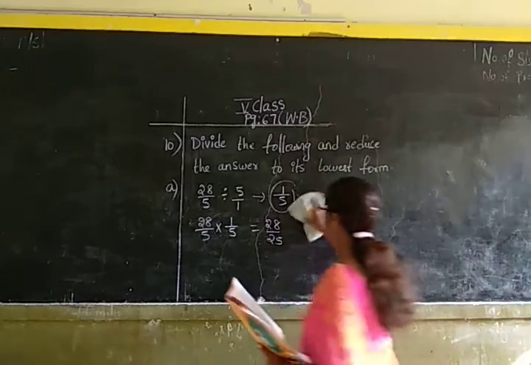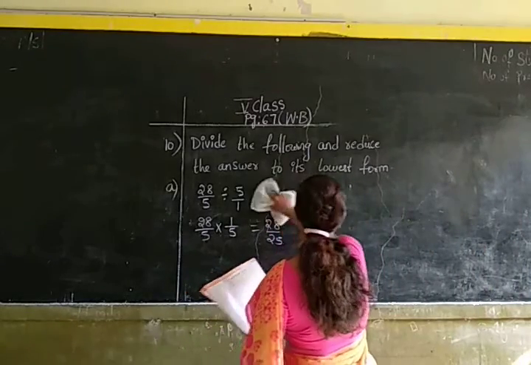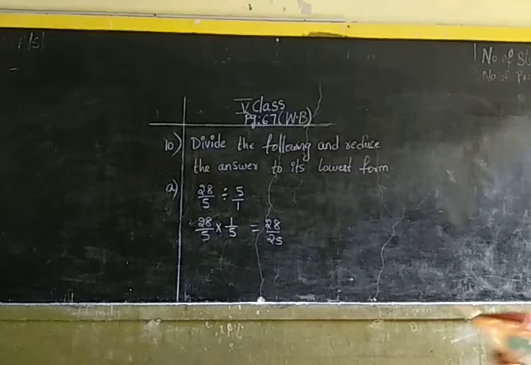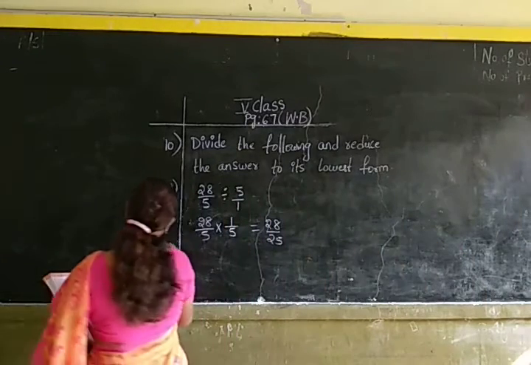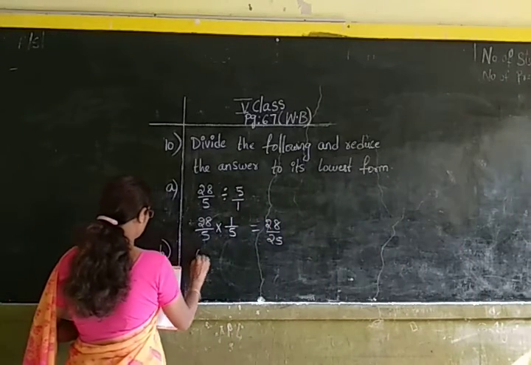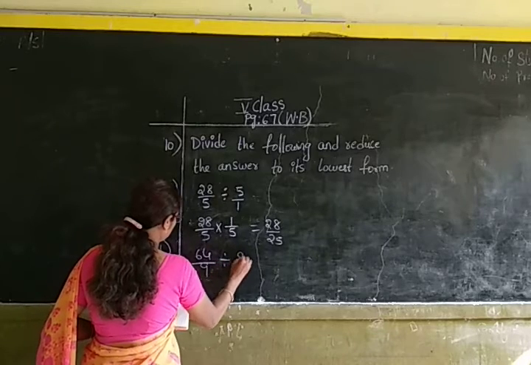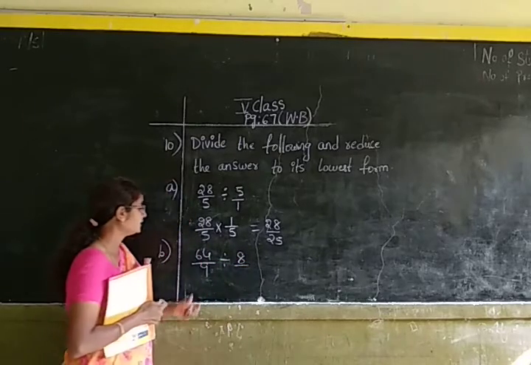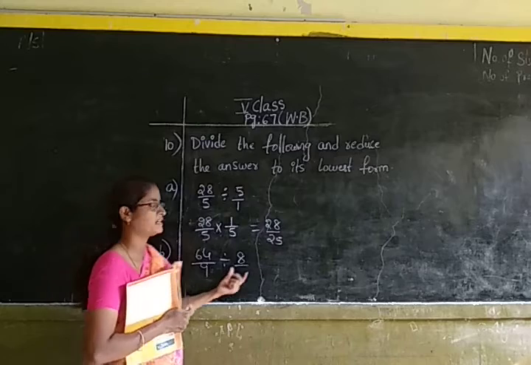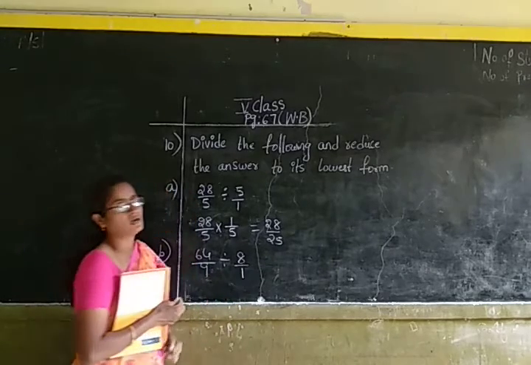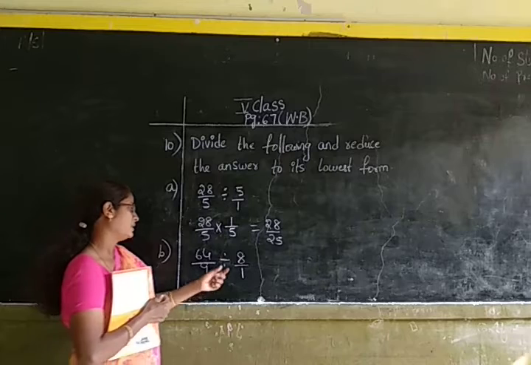Okay children, let us do the B sum. Here it is given that 64 by 9 divided by 8. Here we have to assume that there is 1 under 8, because 8 by 1 is 8.